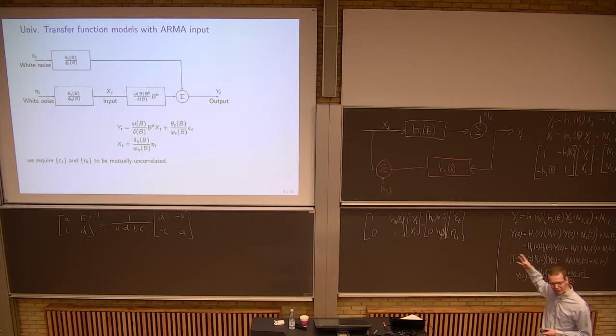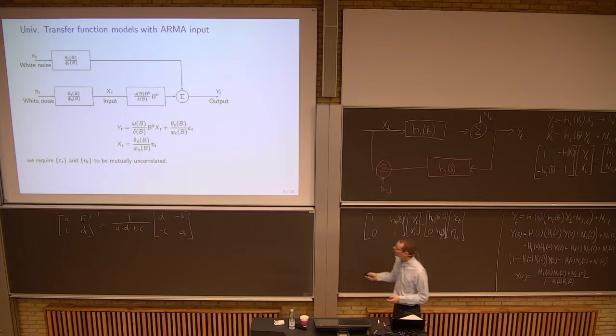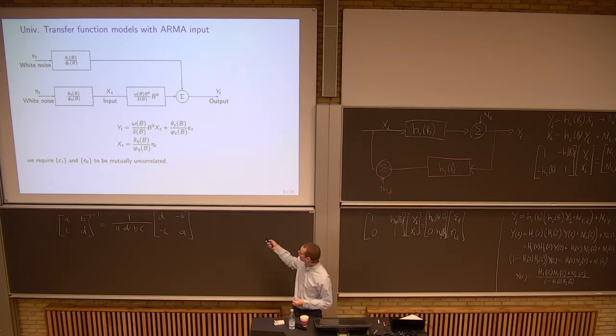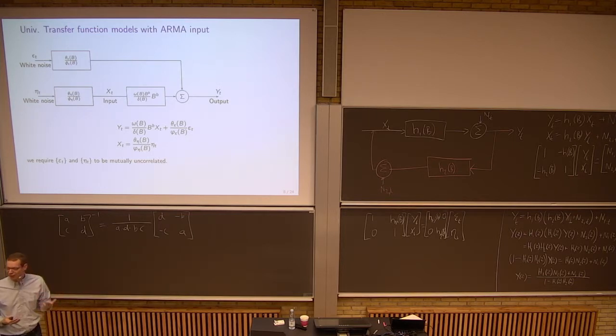So here we have a bivariate representation of what we looked at last week. Of course, what we could do would be to take all these fractions here and multiply by everything that is below the division there, and then we will get, you can say, some more clear ARMA models.